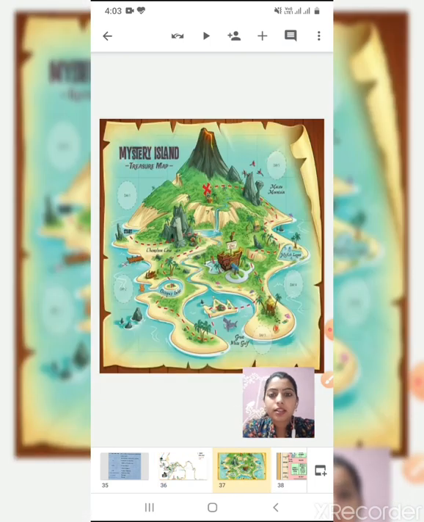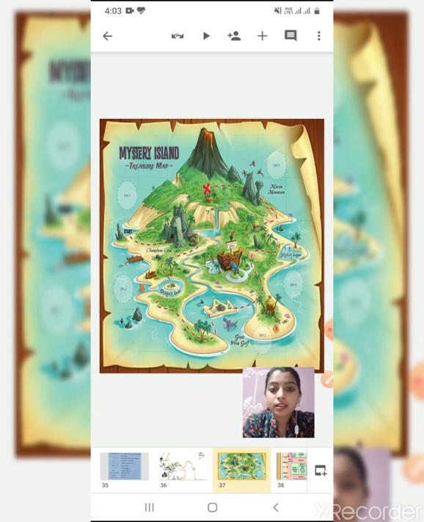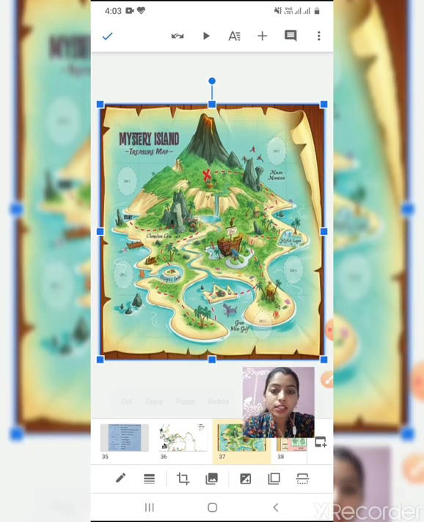See this also. Have you played the treasure hunt game? Whenever you play, or you might have played it, there is always a map. There is always a map that shows where the treasure is and where you are. You have to start your journey from here and go till there.